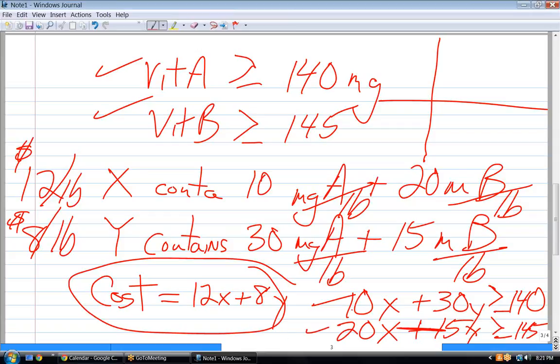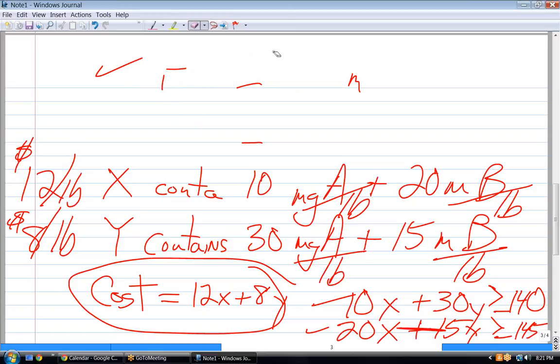So these are the 2 constraints. You see how I got those? In other words, the doctor said you need more than 140 milligrams of vitamin A. Well, this is how much vitamin A you get: 10 times X plus 30 times Y, so that has to be greater than 140. And then the vitamin B you get is 20 times X plus 15 times Y, and that has to be greater than 145. So let me erase these 2, because I've already got that information down here.